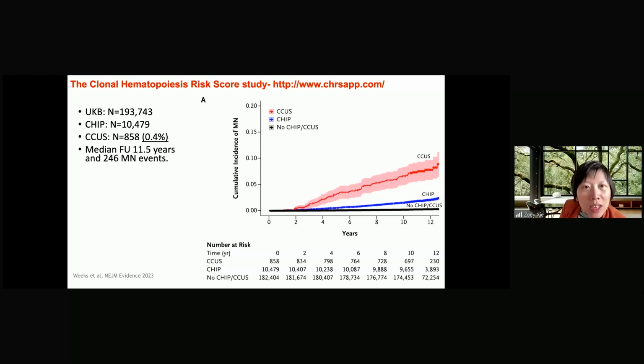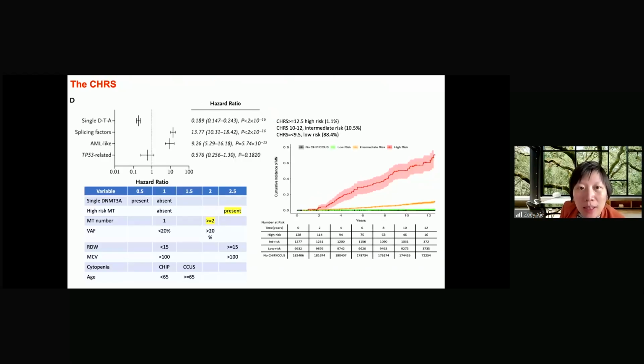So using this CHRS as an example to see what is this patient's risk to progress to myeloid malignancy. Using the very robust data set from the UK Biobank, about 200,000 patients are included in this study with a follow-up of 11.5 years. The investigators have identified the risk factors for clonal hematopoiesis to progress to myeloid malignancy.